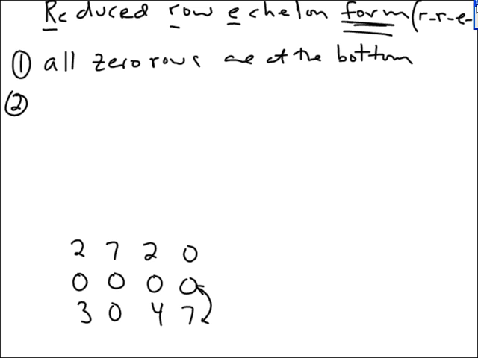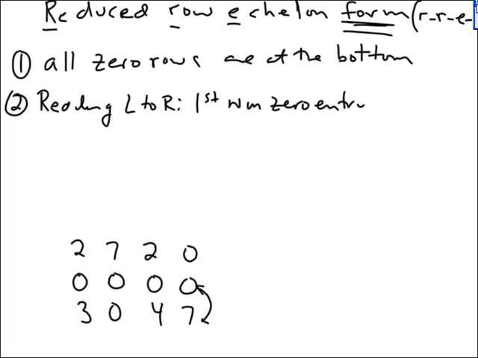The second one says, reading left to right, the first non-zero entry must be a 1.